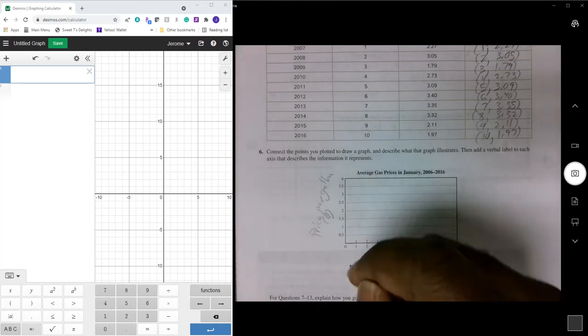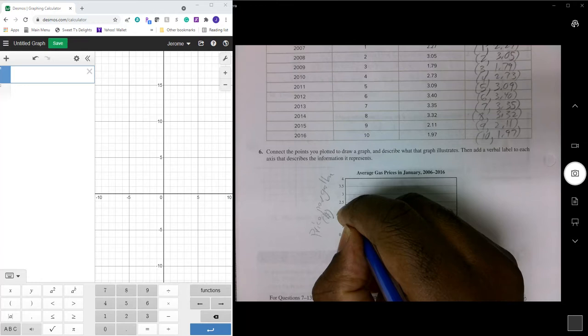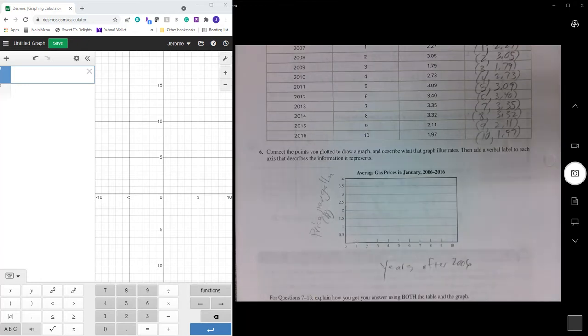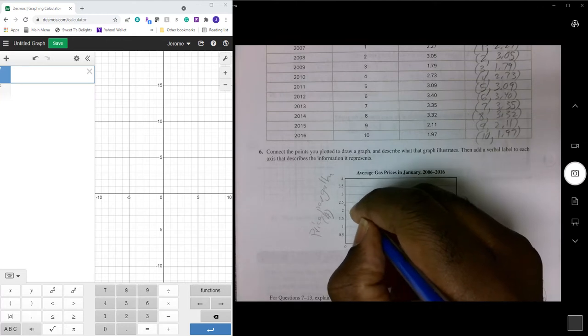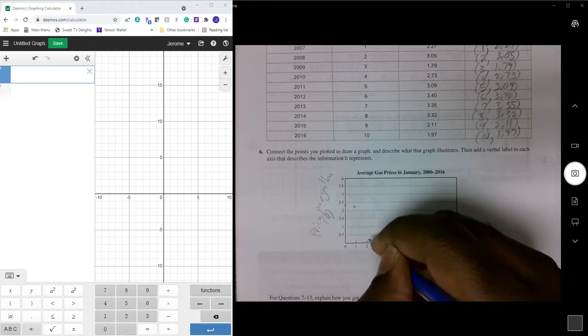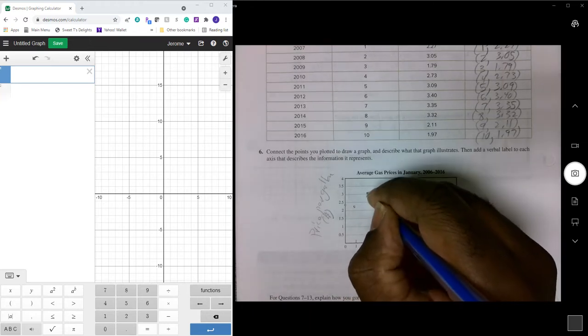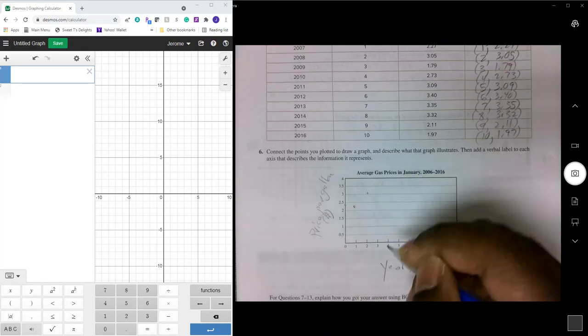We have 0, $2.32. We know it'll be close to the 250. Then we have 1, $2.27, which would be more like close to the middle here. Then we have 2, $3.05, which would be slightly over the $3 mark.